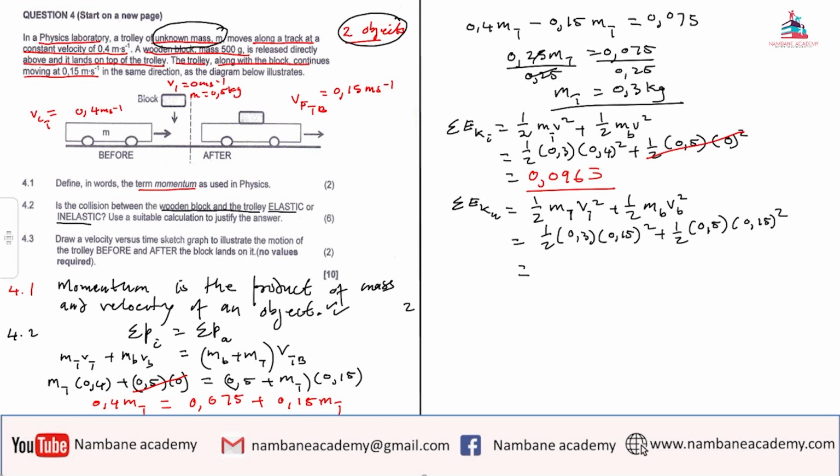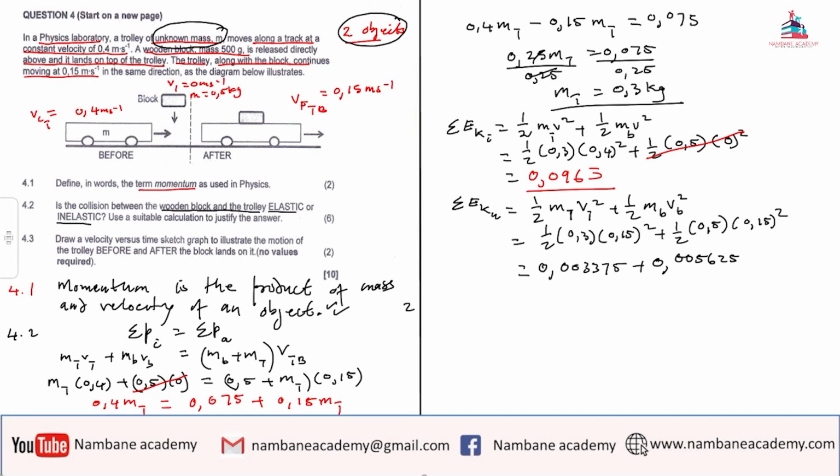We start by saying 0,15 multiplied by 0,15 multiplied by 0,3 divided by 2. It gives us 0,003375, plus, ladies and gentlemen, 0,15 multiplied by 0,15 multiplied by 0,5 divided by 2, which gives us 0,005625.